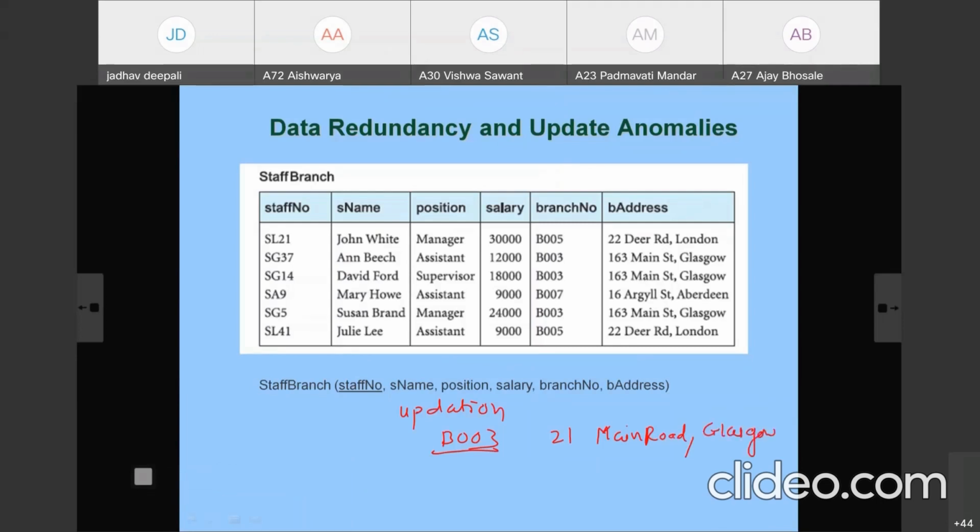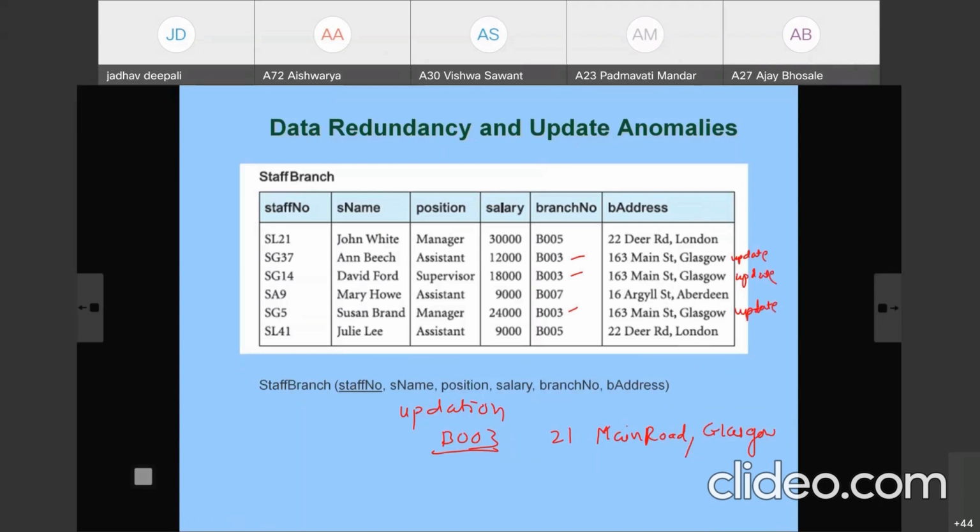If this branch has updated its address, then there are 3 records with this B003, so we need to update it in all the 3 records.